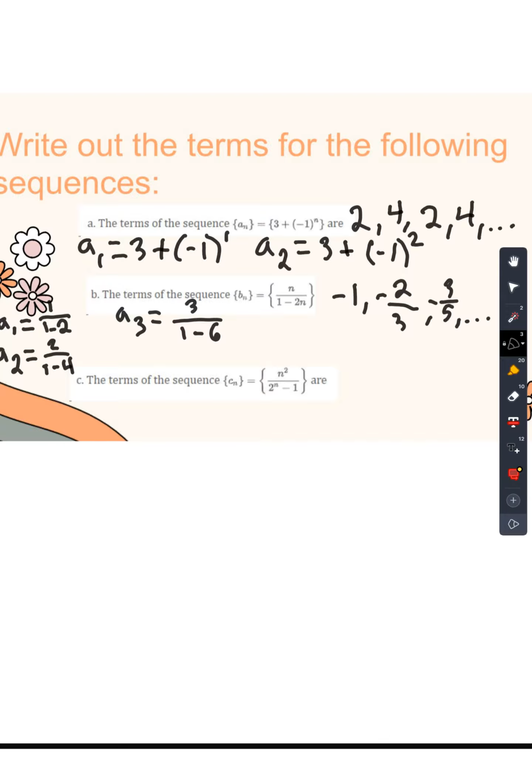This last one, we're now dealing with both a squared and a 2 to the n power. So again, plugging in my a sub 1, I have 1 squared, which is 1, 2 to the first just gives me 2. So our first term is just going to be 1.